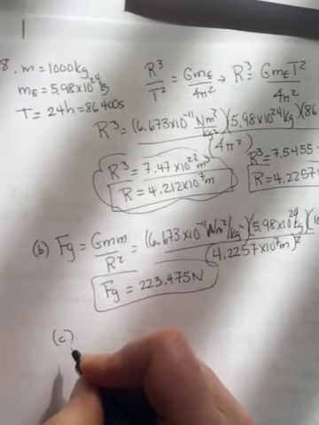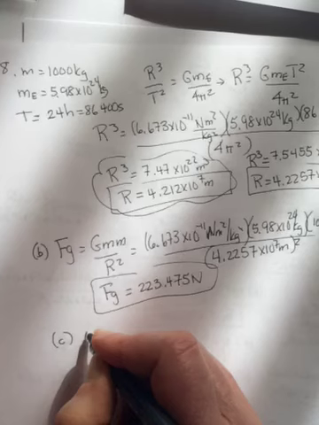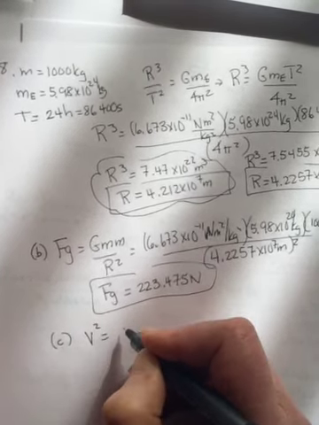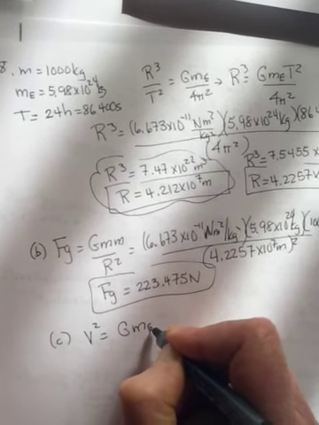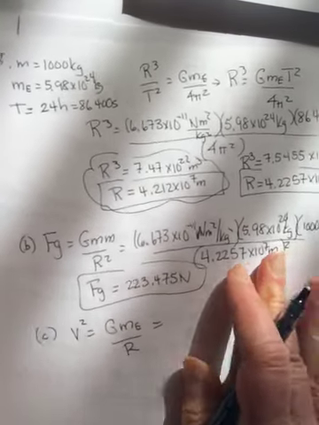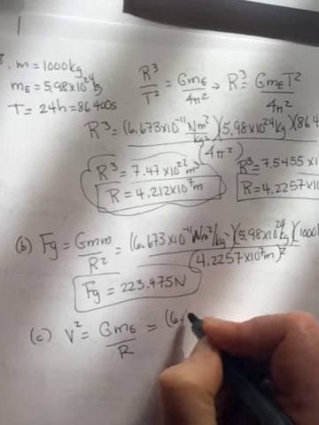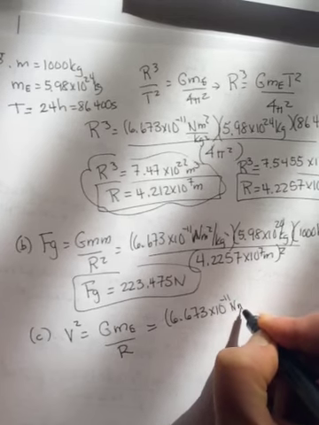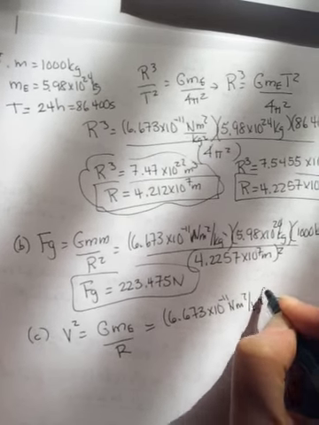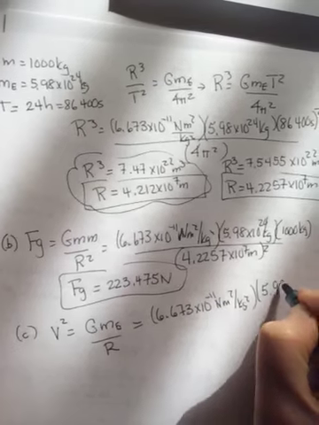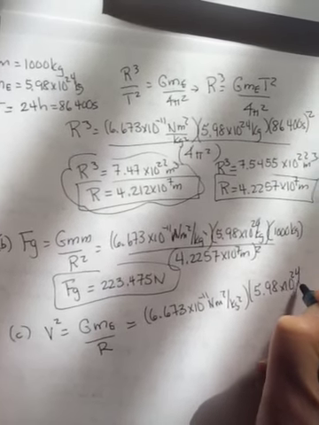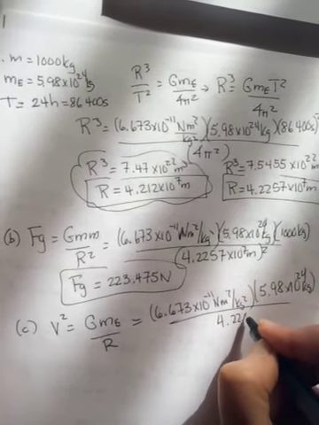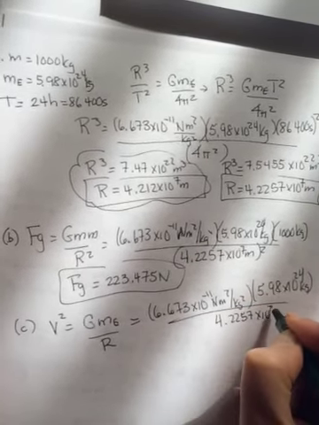And then part C wants to know how fast it is going, so it's looking for v. You could either do v squared is equal to G mass of the Earth over r, or you could do F_C equals m v squared over r. So 6.673 times 10 to the negative 11 newton meters squared per kilogram squared, 5.98 times 10 to the 24th, and 4.2257 times 10 to the 7th.